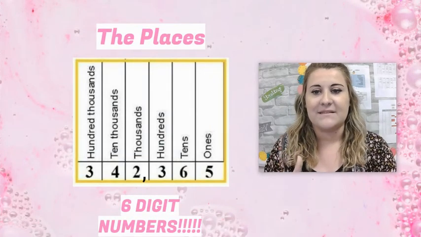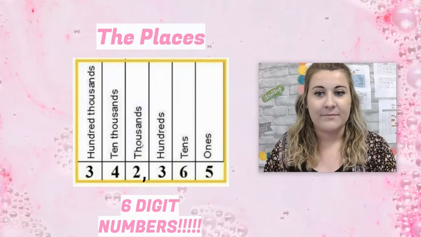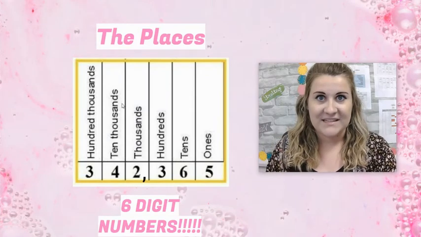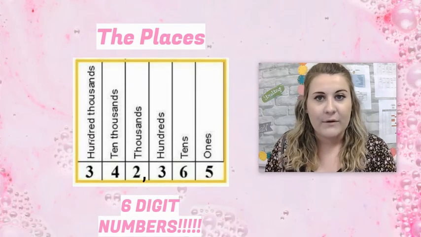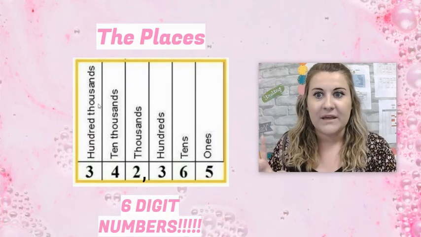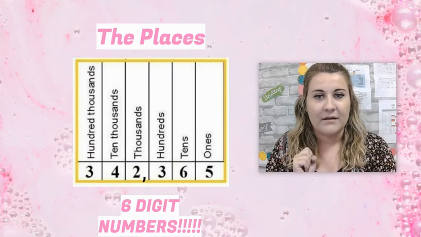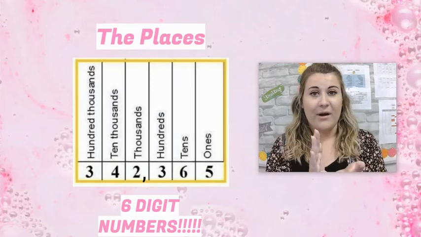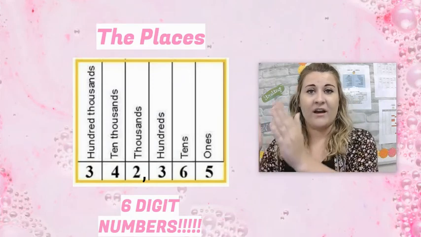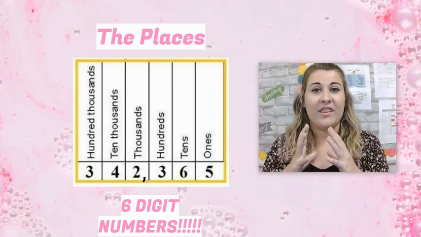Look at these places. We've got the thousands place, we've got the 10,000s place, and we've got the 100,000s place. Do you notice that all of those places have one thing in common? What do they have in common? The word thousands. Once you see the comma in third grade, everything after that comma gets the word thousands.